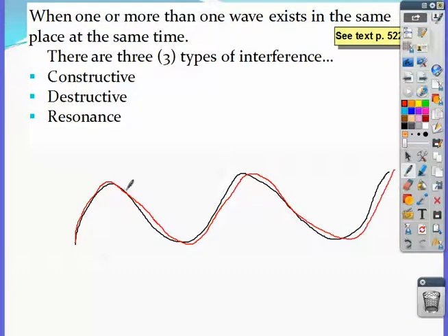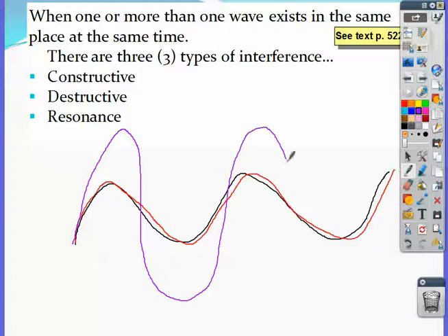So the crests are overlapping with the crest and the troughs are overlapping with the trough. So you get this new resulting wave, and the crests have combined and the troughs have combined. So my new wave, this purple one, has taller crests and deeper troughs. This causes a higher amplitude and therefore more energy in the wave.